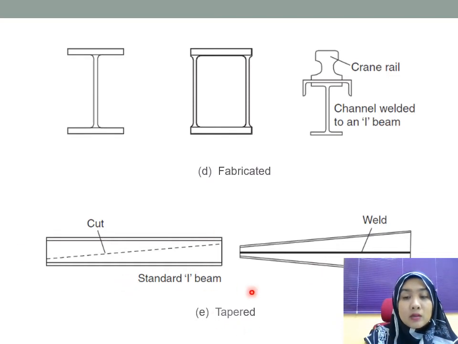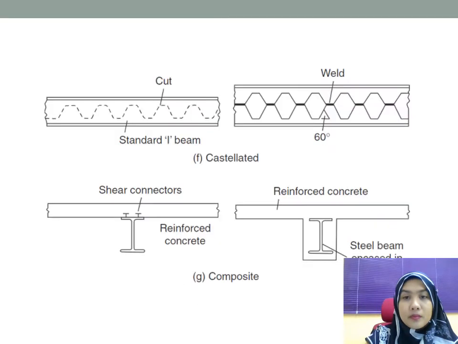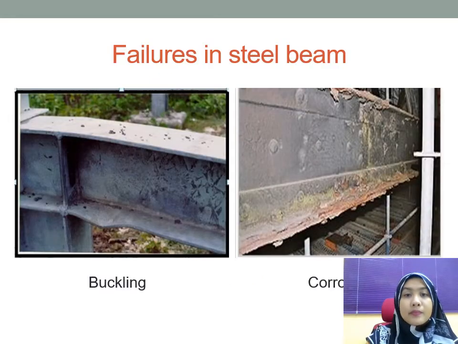Then we cut it so that we have tapered beam. We also have castellated beam and also composite beam. So depending on the structure that we are going to build and what kind of beam that we are going to use. Okay, for our design, we are going to look into the design of I-beam section.